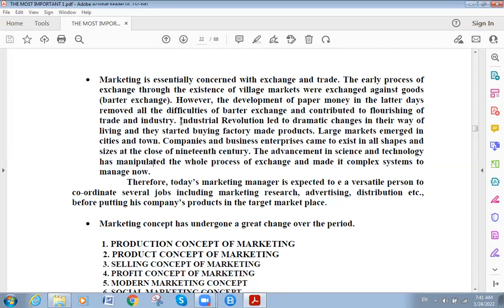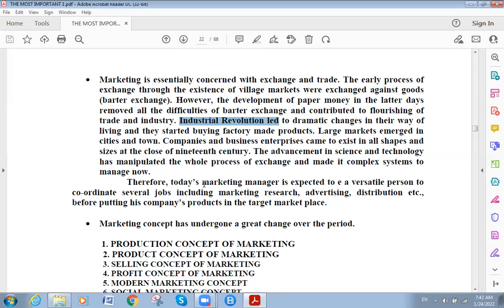Also, the Industrial Revolution, which means using steam engines instead of manual machines or hand labor to produce, led to a big revolution in production, and we came to an era of mass production.